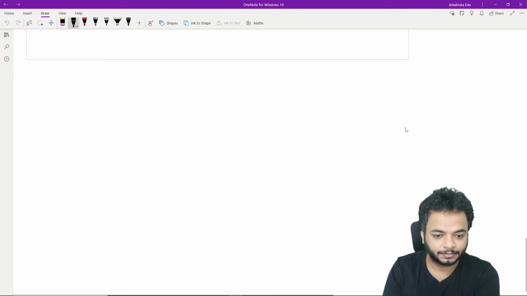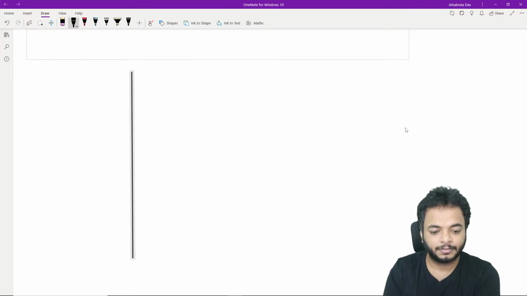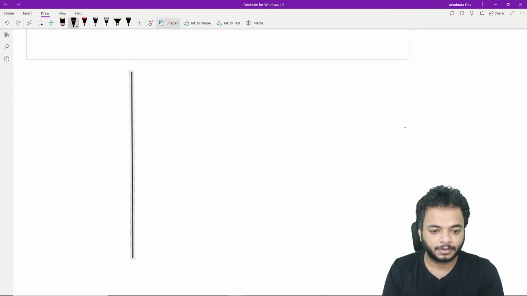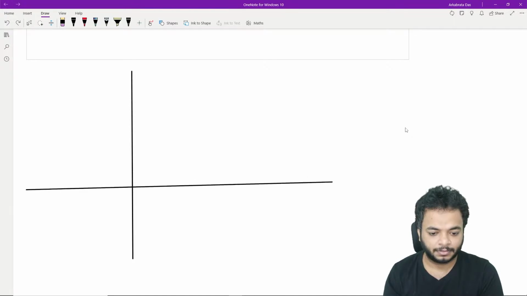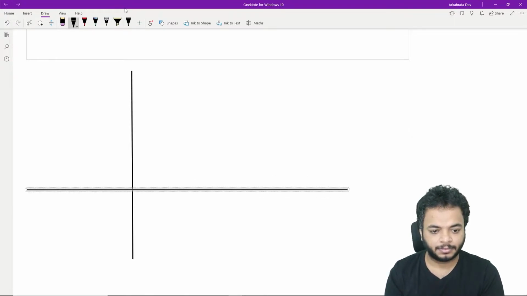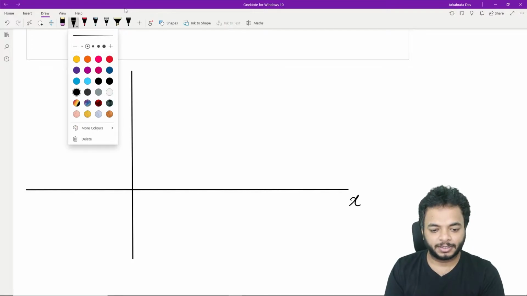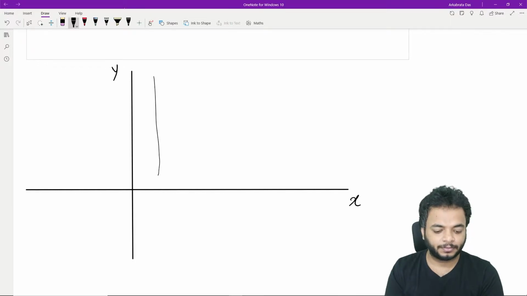Okay, so here we have, so this is the x-axis and this is the y-axis as usual, and now what you are trying to do is you are basically trying to form these squares.